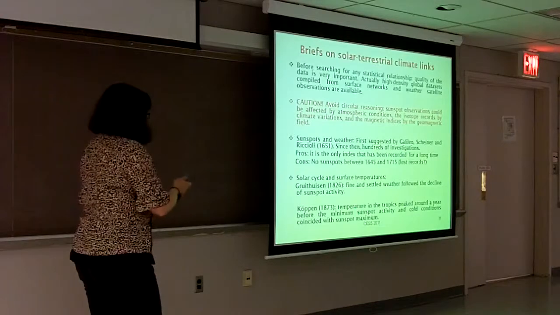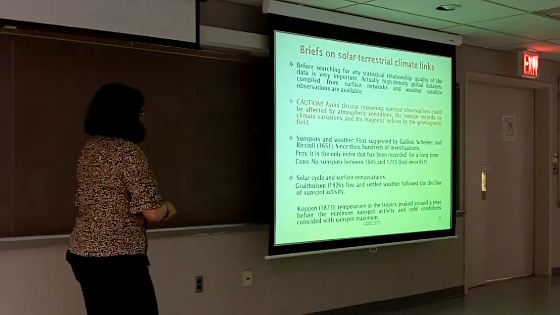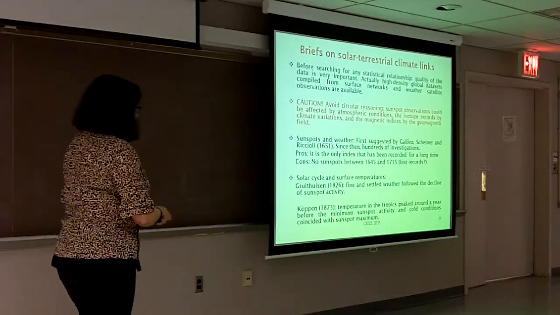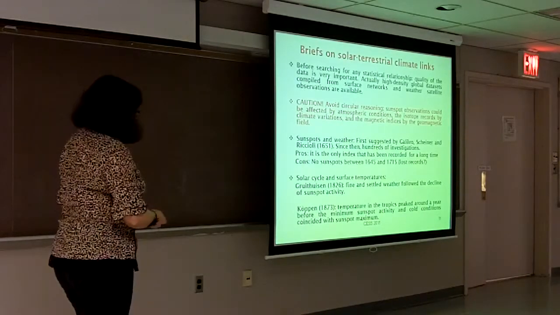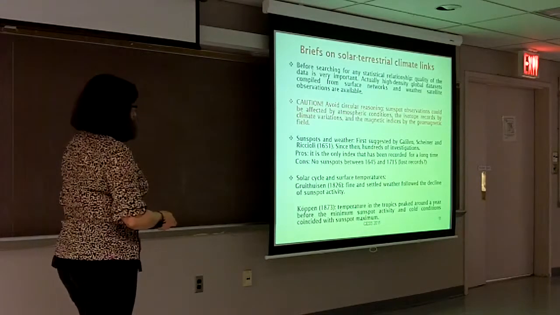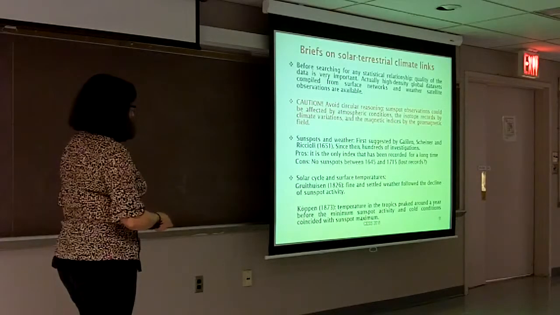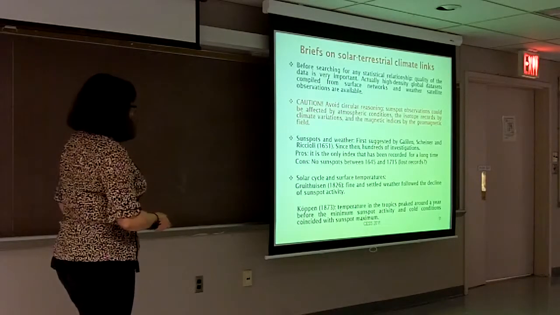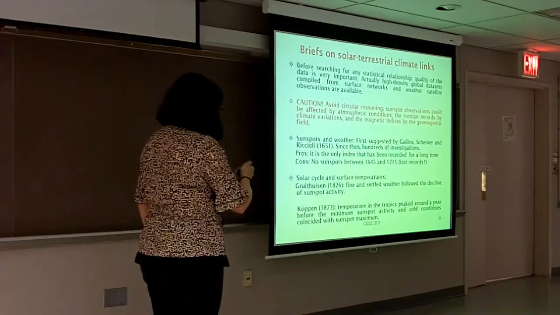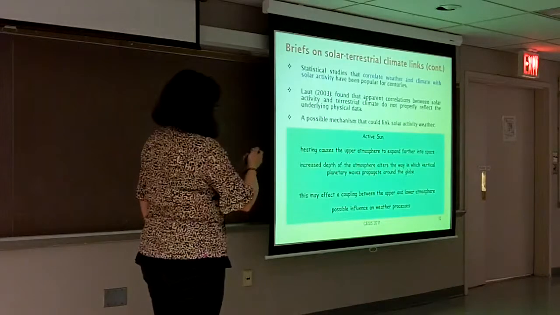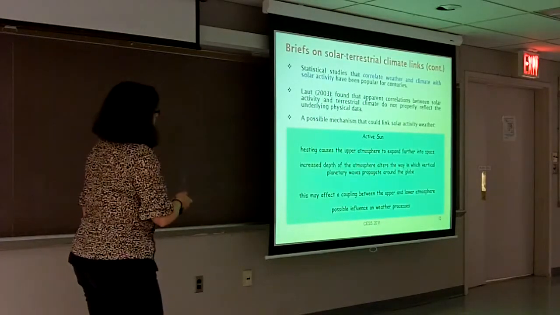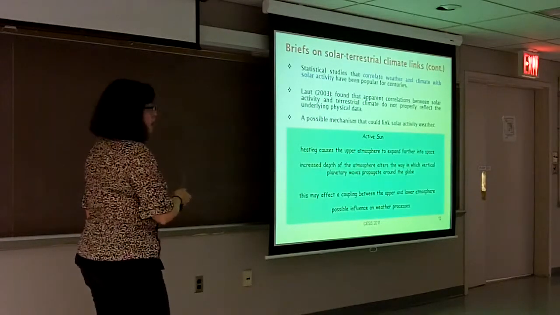So what about the solar cycle and surface temperature? In 1826, fine and settled weather followed the decline of sunspot activity. Köppen, years later, found that the temperature in the tropics peaked around a year before the minimum sunspot activity, and then cold conditions coincided with the sunspot maximum. So you have lots of work. Besides that, statistical studies that correlate weather and climate with solar activity have been popular for centuries, until now.